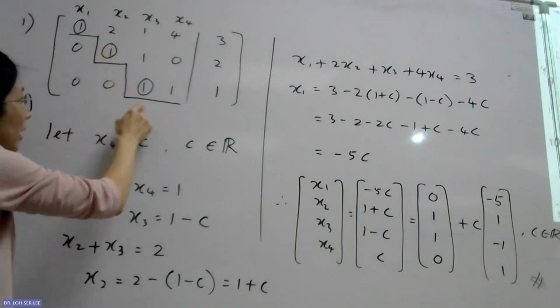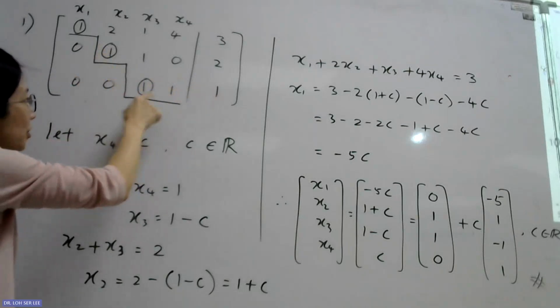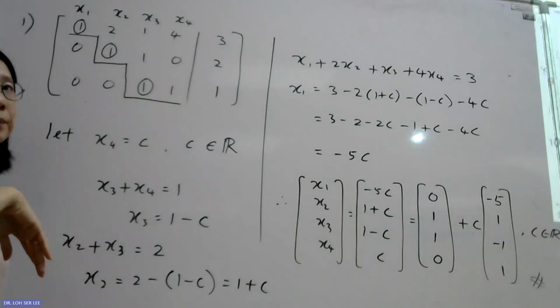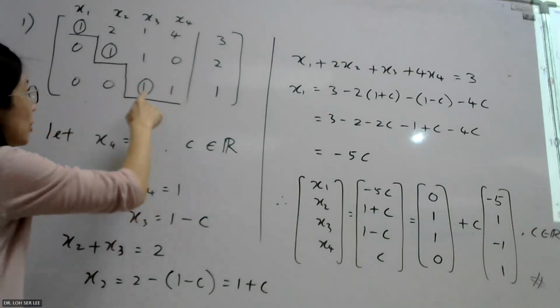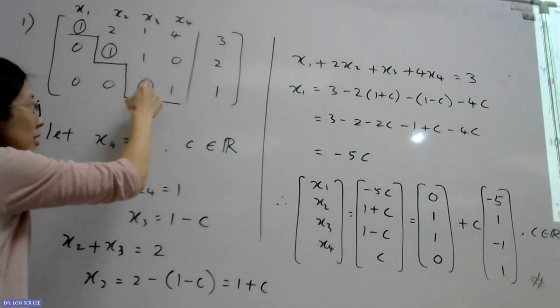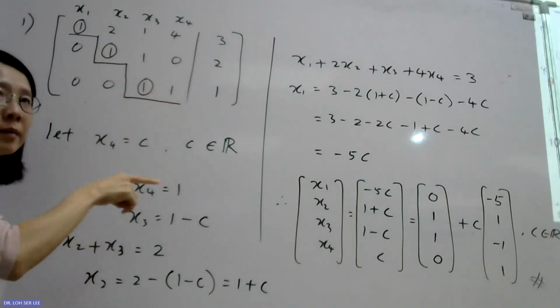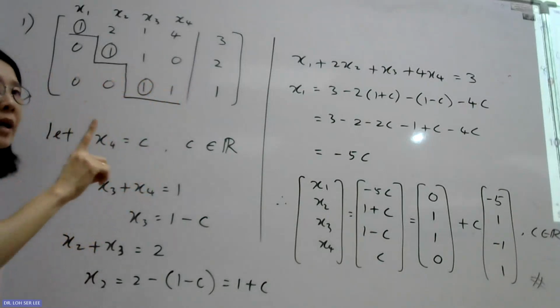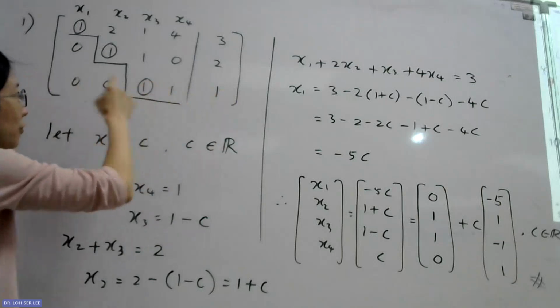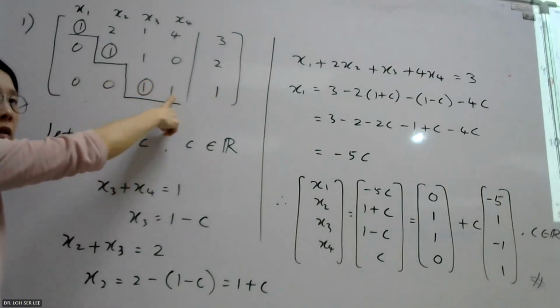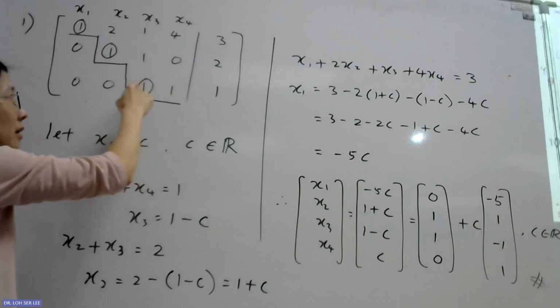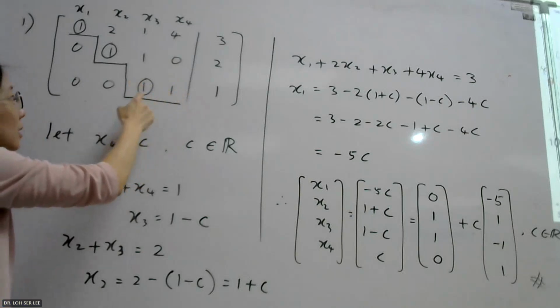Okay, here, in the third row, these two stay on the horizontal line. Pivot must be non-zero. So the pivot can be this one or this one. But remember this, one row has only one pivot. So if you say that this is the pivot, that means this is not the pivot. If you want to say that this is the pivot, then this is not the pivot.